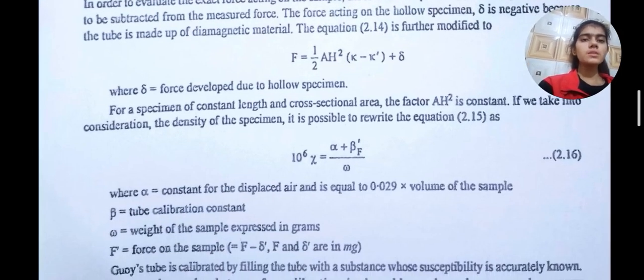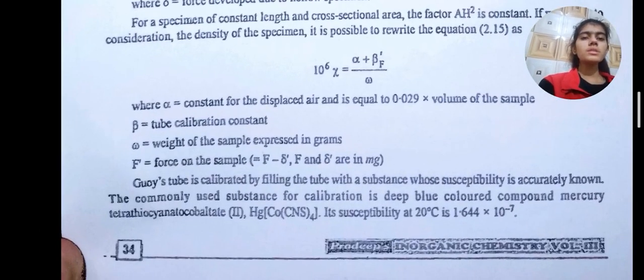Here alpha is the constant for the displaced air and is equal to 0.029 times the volume of the sample, and beta is the tube calibration constant. Omega is denoted as the weight of the sample expressed in grams, and F' is the force on the sample. Guy's tube is calibrated by filling the tube with a substance whose susceptibility is accurately known.